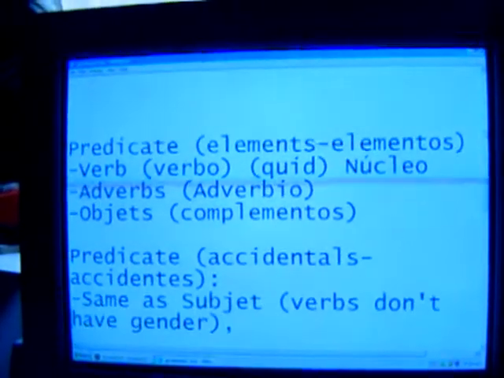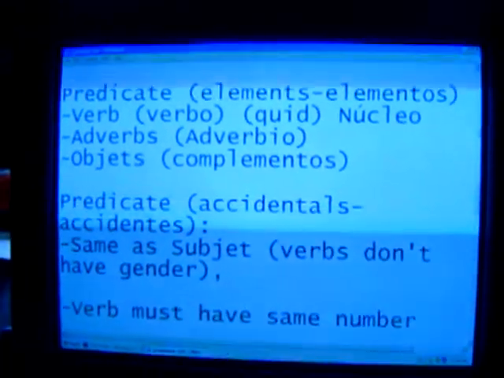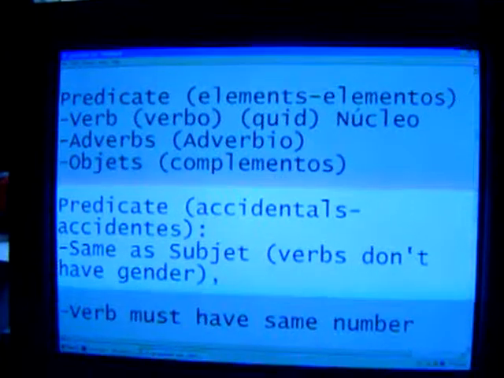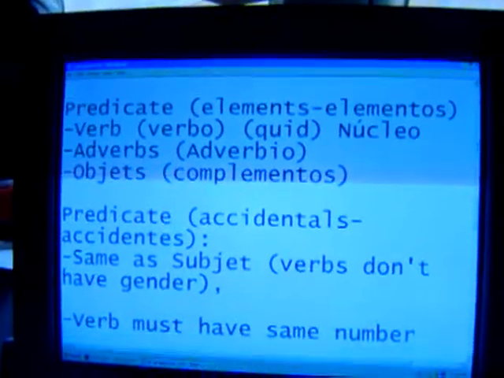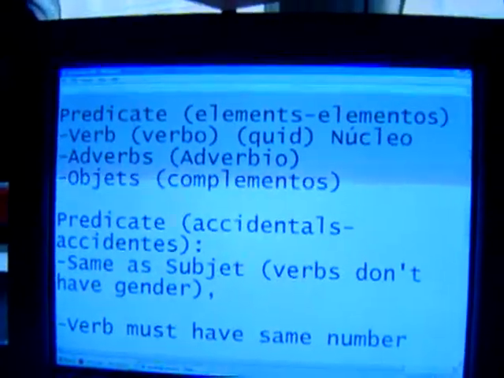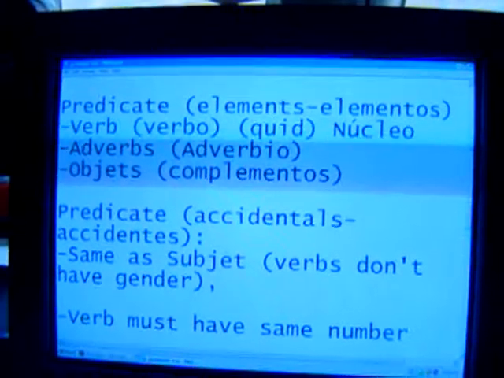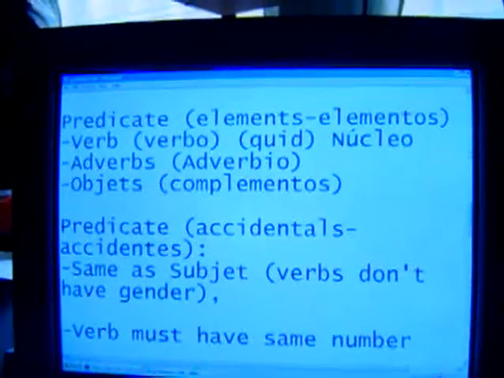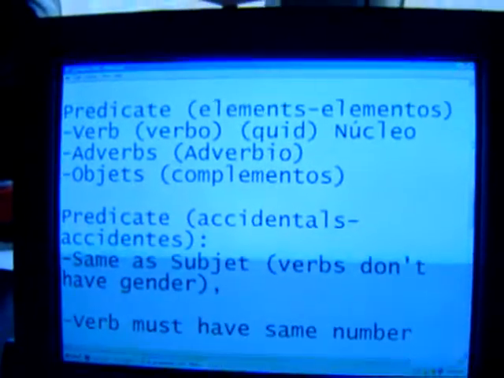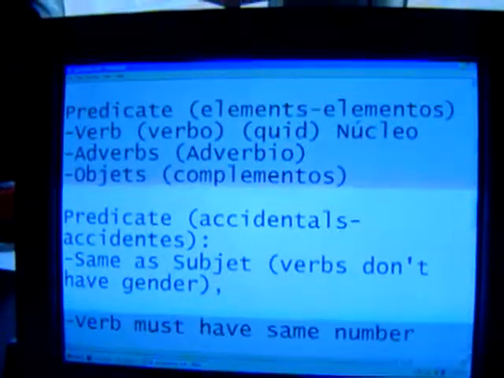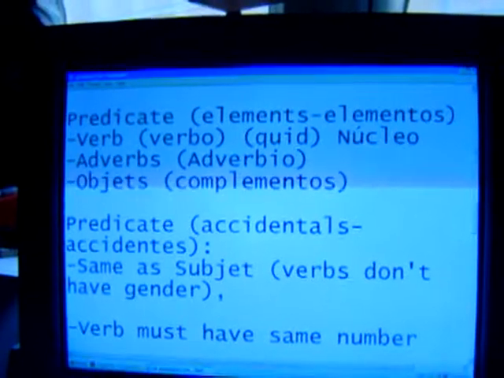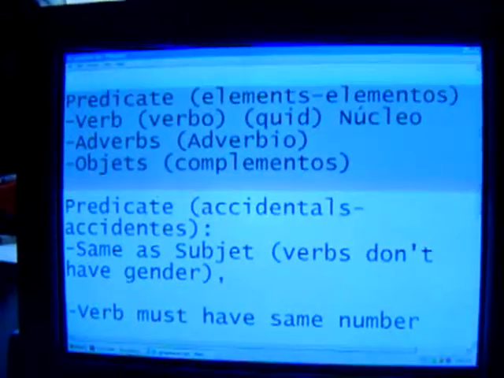Okay, the other part of the sentence is the predicate. The predicate has some important elements. That is the verb, which is the core, the núcleo, of the predicate, or predicado. Then the adverbs, which modify the verb, and the objects. The Spanish word for objects is complementos.